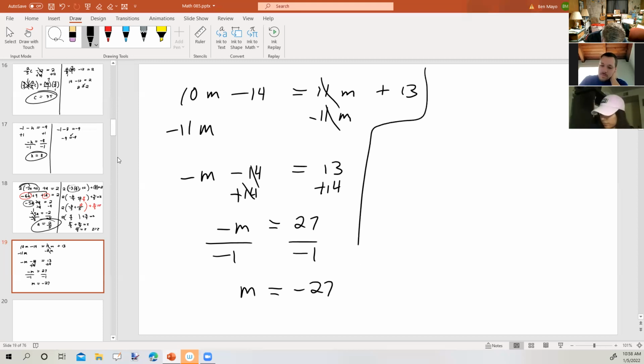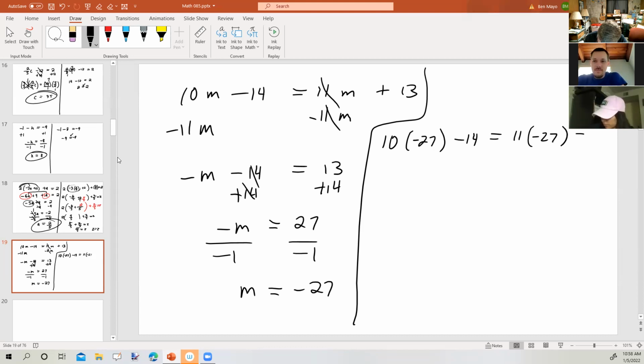Okay, and we'll check our work. 10m minus 14 equals 11m plus 13. Okay, 10 times negative 27 is negative 270. Negative 270 minus 14 would be what?